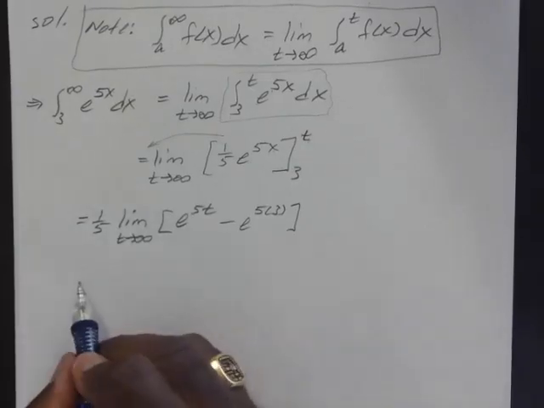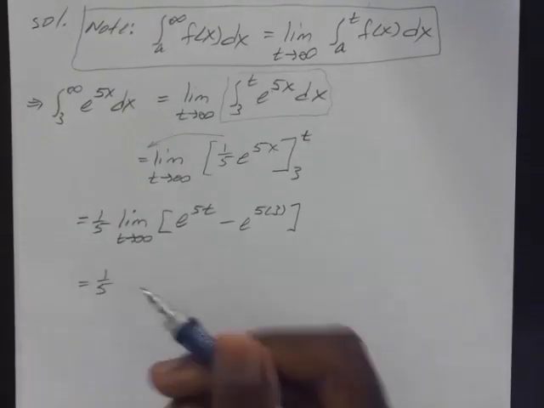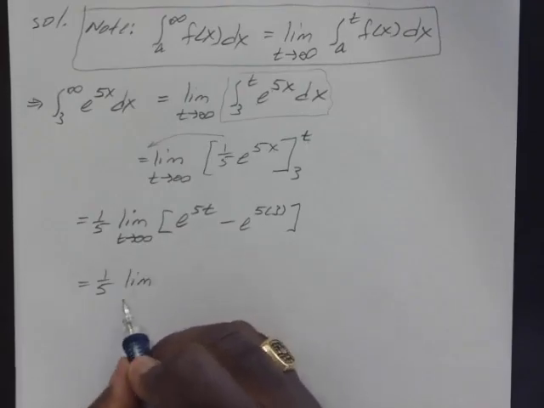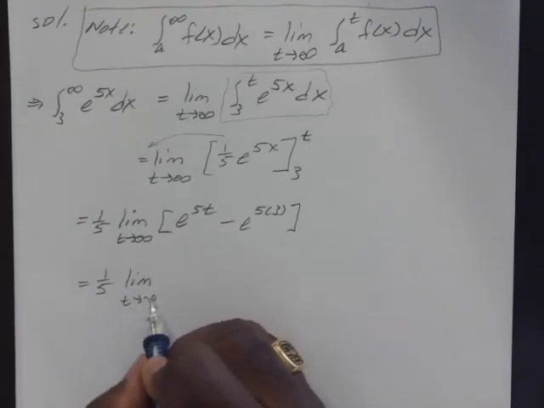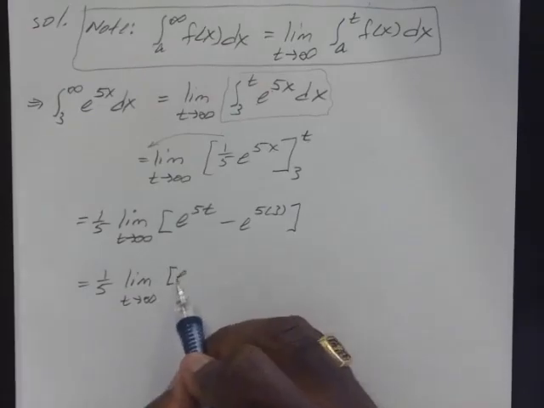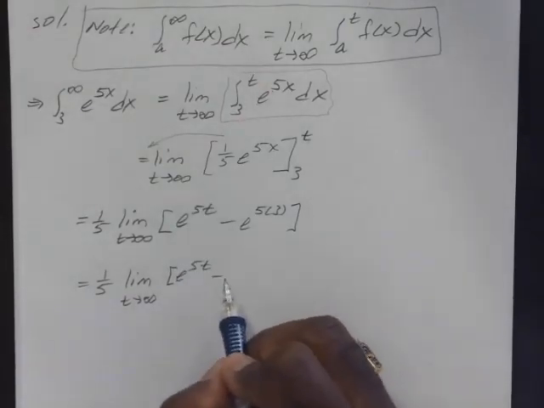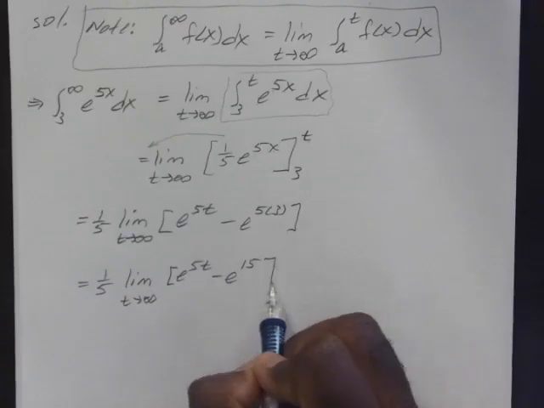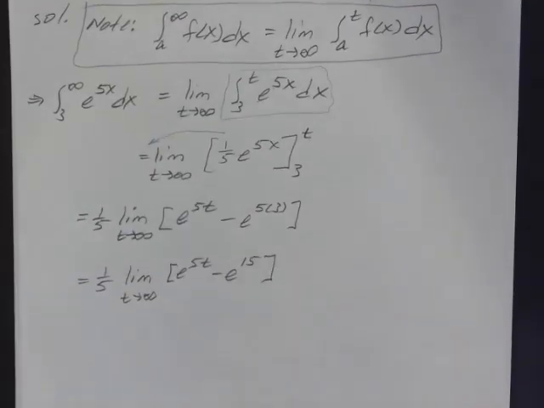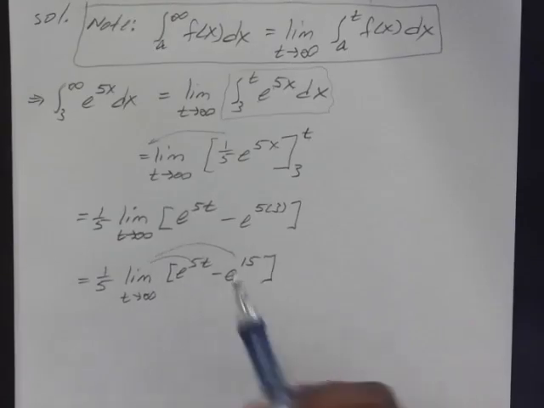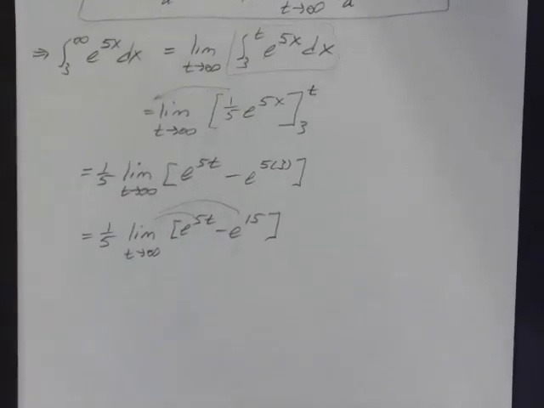So if we simplify it just a little bit, 1/5 times the limit as t approaches infinity of e to the power of 5t minus e to the 15th power. Or you can distribute your limit to both terms.